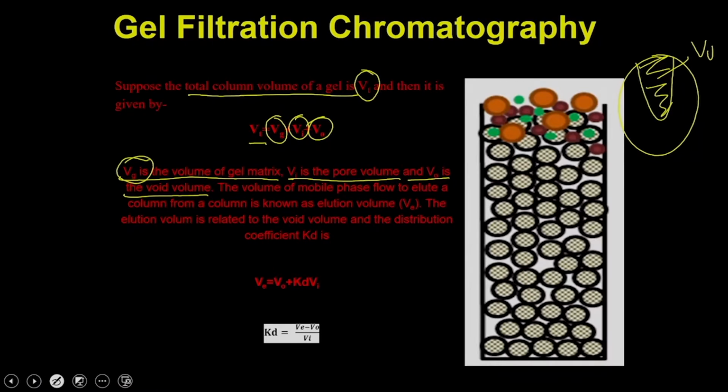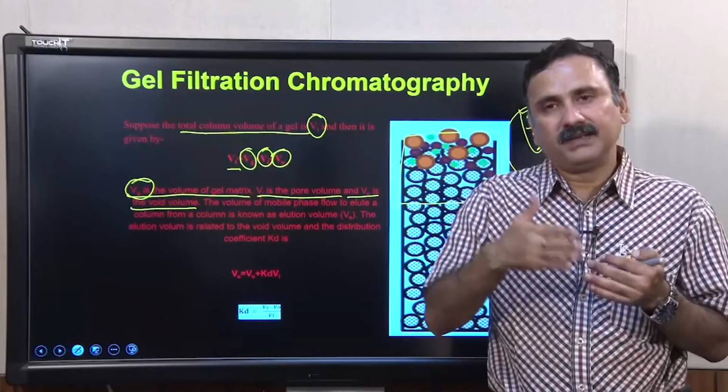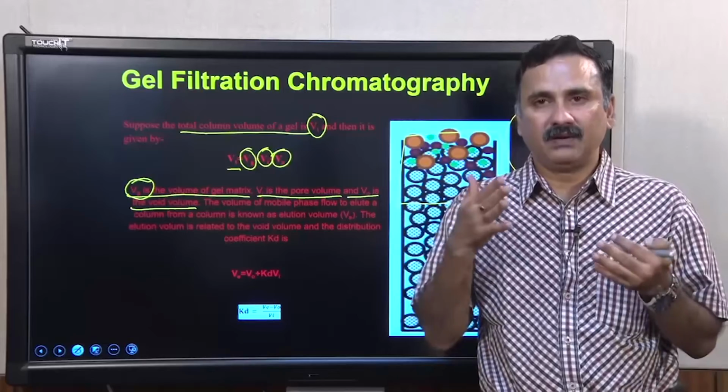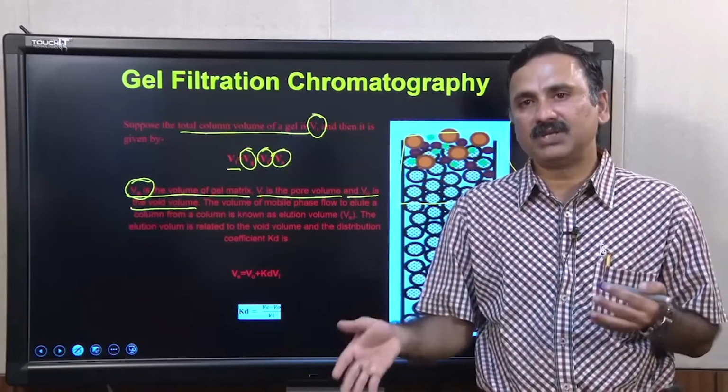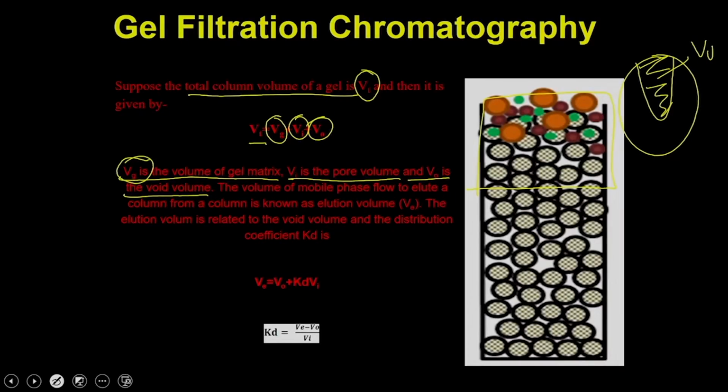If you take this column, there is some portion which is not participating in the fractionation, which means the region present in between the beads. So, that is called the void volume.